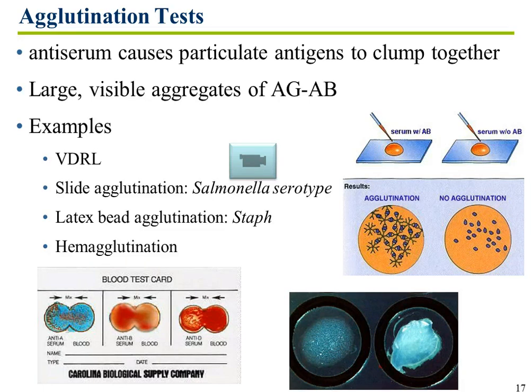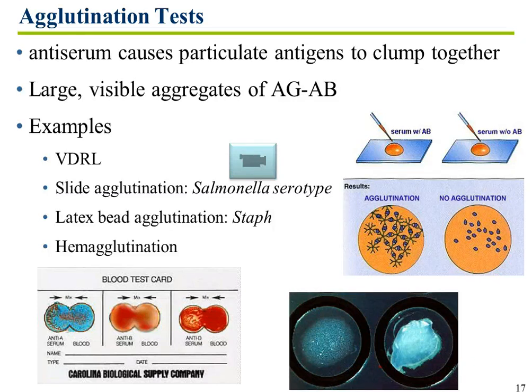Or you could be looking for antibody in the patient, and you're using a bought antigen. Either way, doesn't matter. These antigen-antibody complexes are large, and when they occur, you can see them visibly, for example, on a slide.